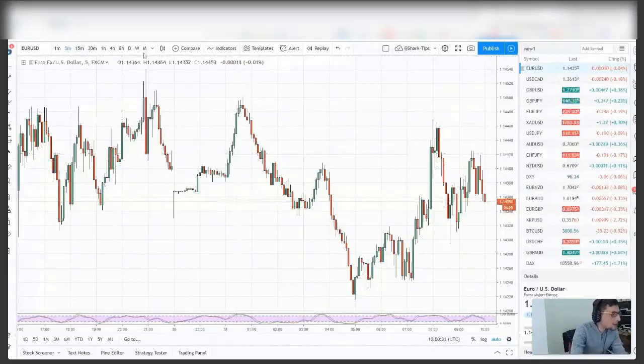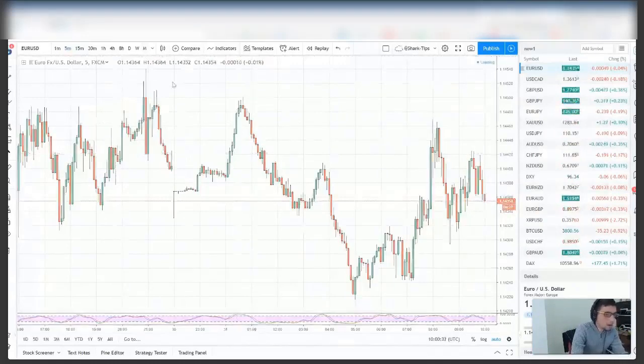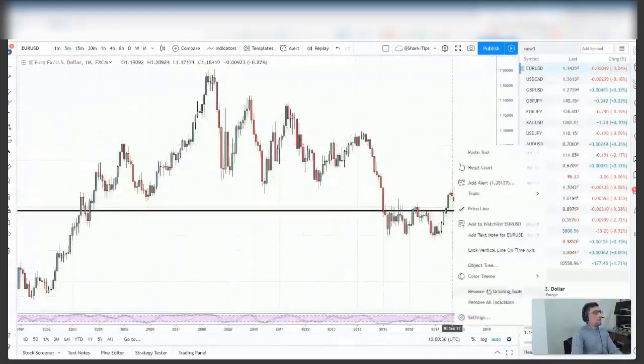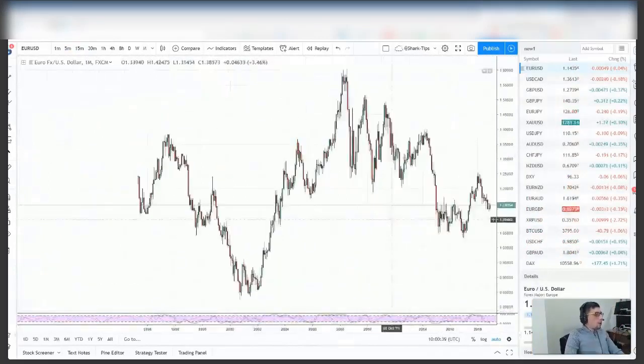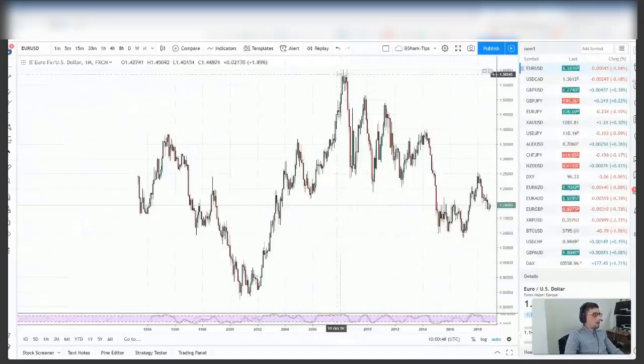Taking a look at the monthly chart, we're gonna delete all the drawings and start from scratch. So if we're going all the way back to 2008, we have here the high of the euro at around 150.